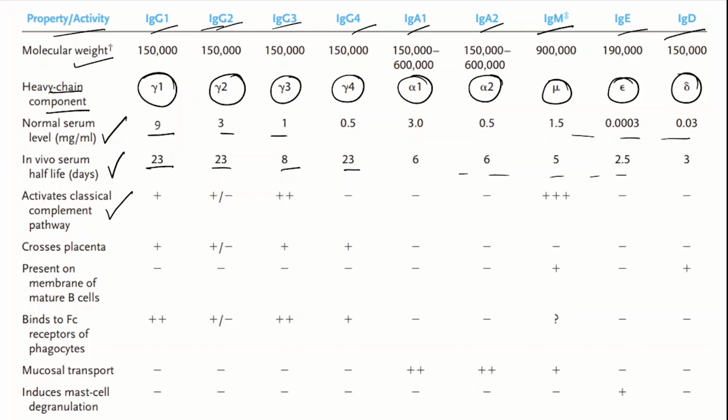Classical pathway activation: IgG1 activates it, IgG2 minimally, IgG3 well, and IgG4 not at all. IgA1 and IgA2 do not show it, it is high with IgM, and not shown by IgE and IgD.